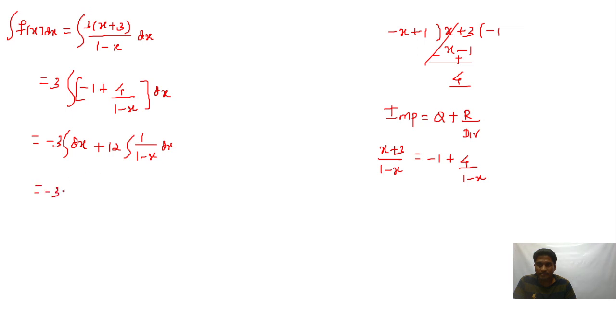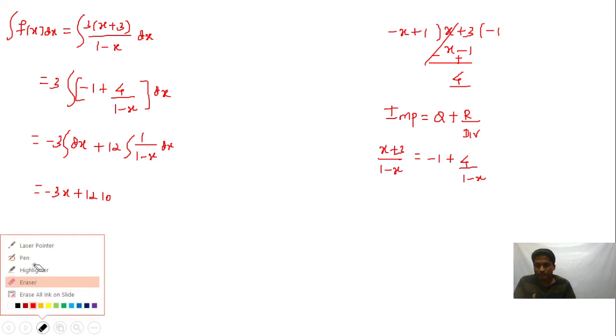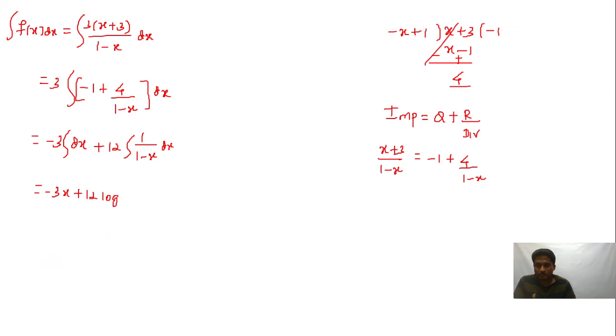Integration of dx is x, and 1 by x integrates to log x, so you will get log of (1 minus x), with the coefficient of x being minus 1, so divided by minus 1, plus c. The answer will be equal to minus 3x minus 12 log of (1 minus x), and then plus c.